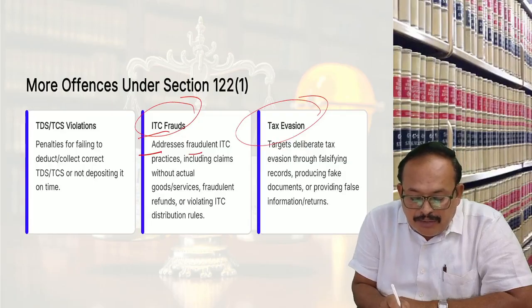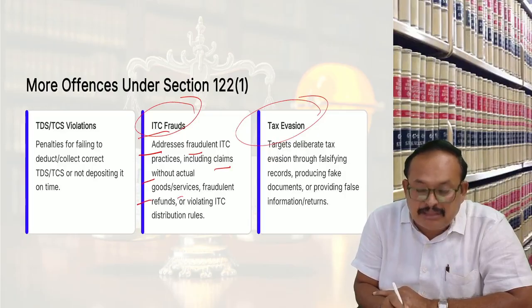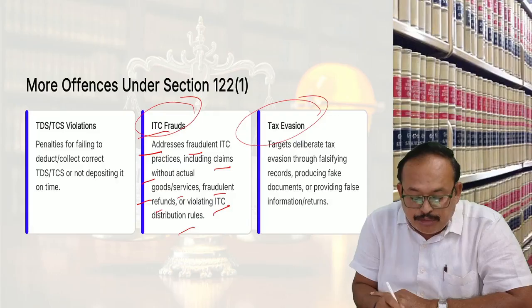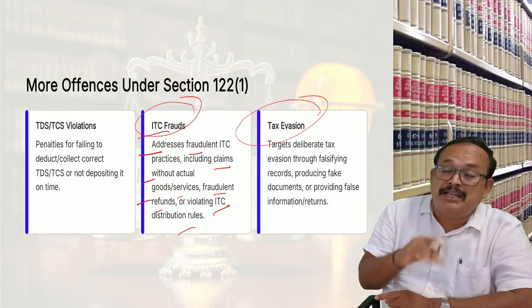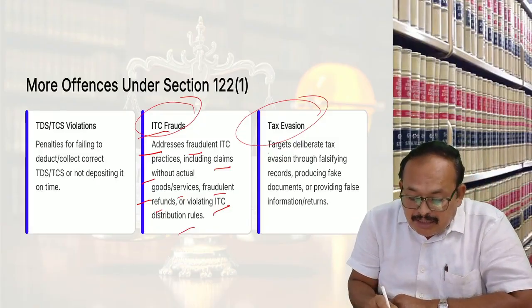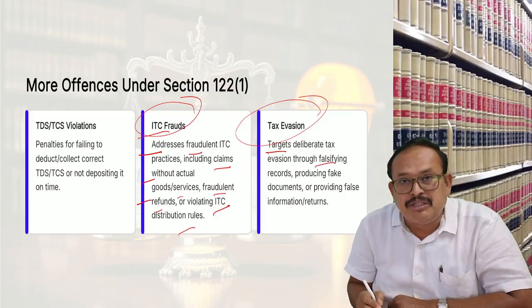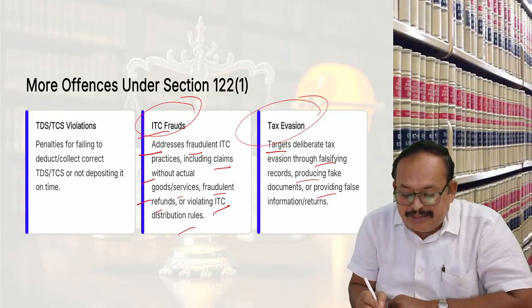Addressing fraudulent ITC practices, including claims without actual goods or services received, fraudulent refund claims, violation of input tax credit rules, and distribution of ITC as ISD without having sufficient credit. Or deliberate tax evasion through falsifying information, producing fake documents, providing false information or returns.